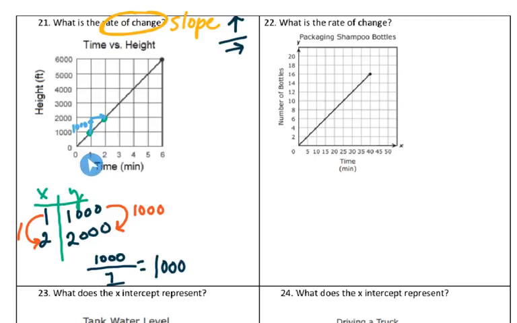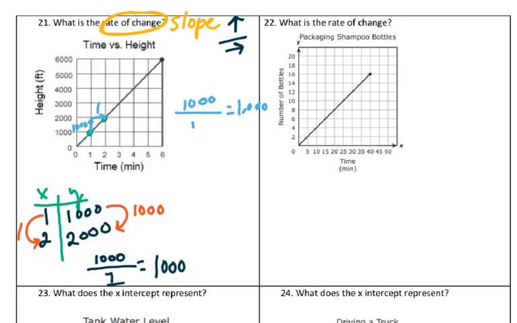It was at 1. Now it's at 2. So it went over 1. Again, rise over run. Simplifies to a 1,000. So you can either use a table or you can use the picture. If you're using the picture, be very, very careful to figure out what we have here.